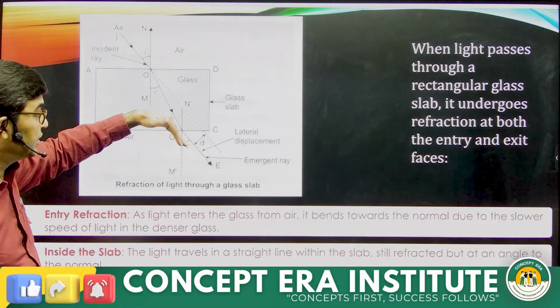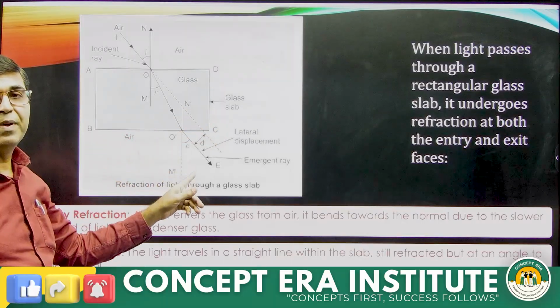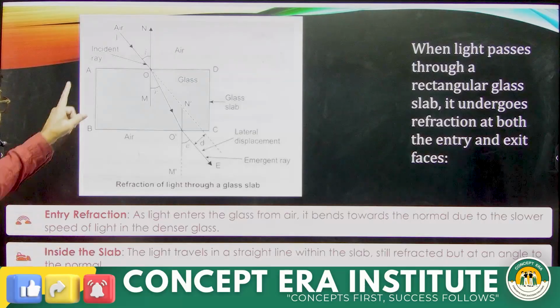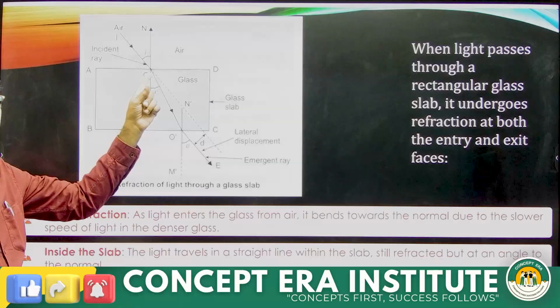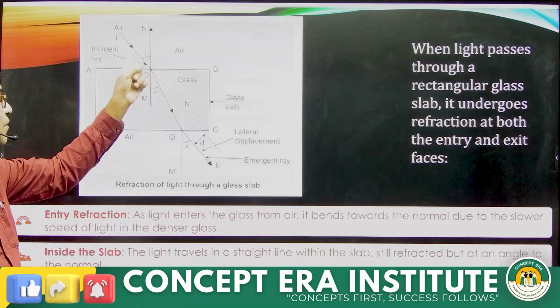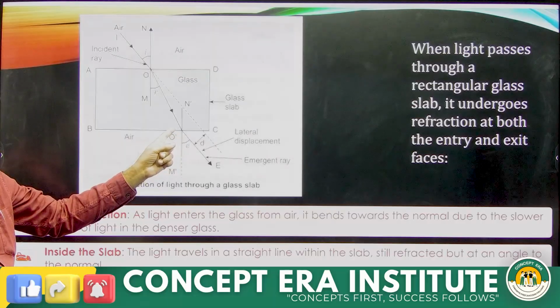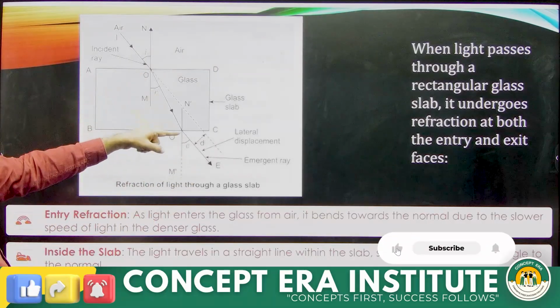But now it will change its direction away from the normal because the speed has gone back to its normal speed. In this particular case, there are two refractions. One when the light was entering from air to glass, and the other when the light was entering from glass to air. This is the entry point, this is the exit point.